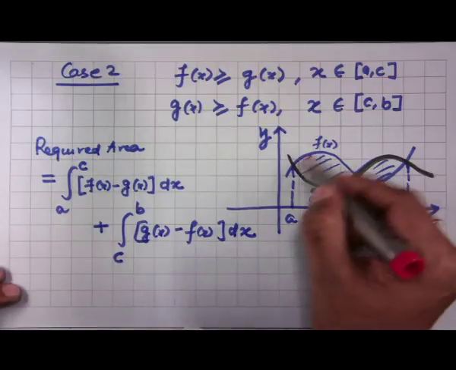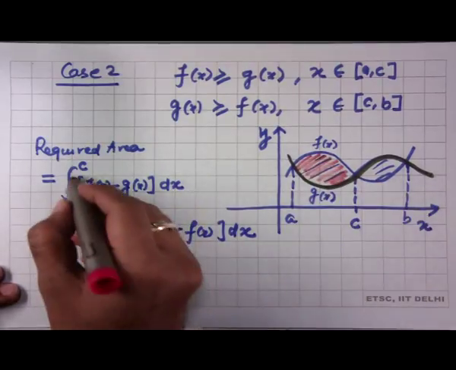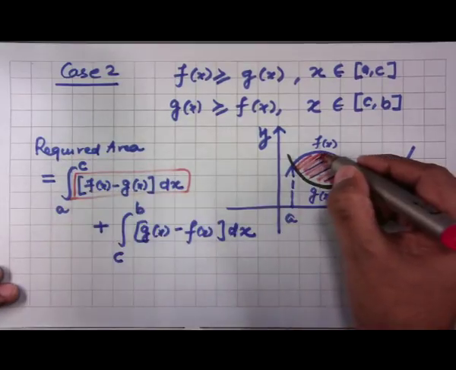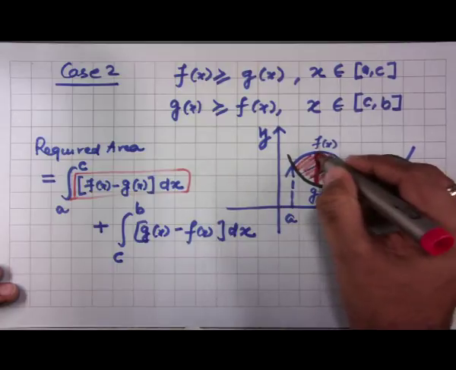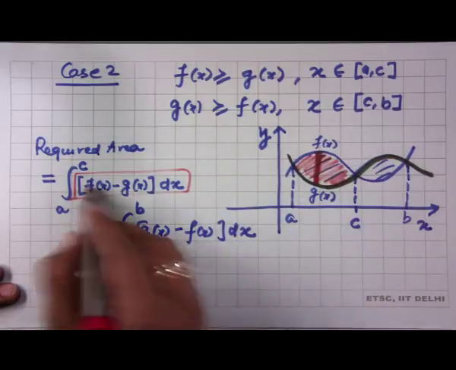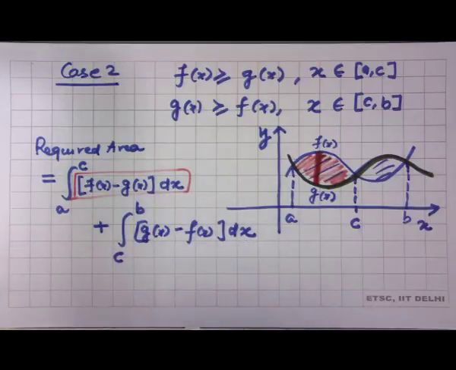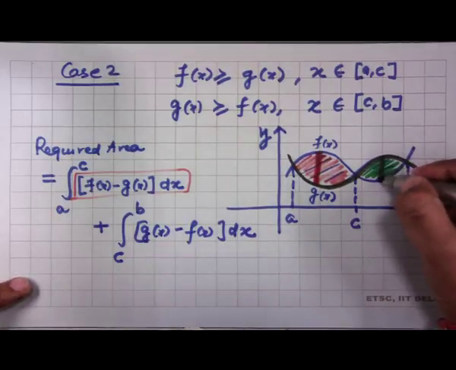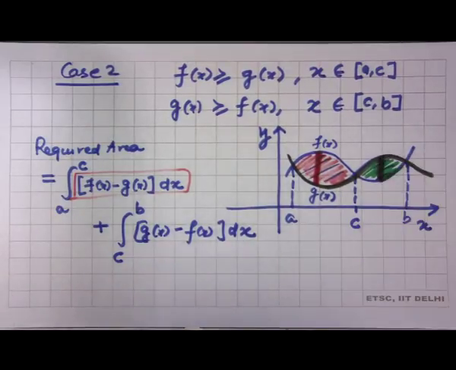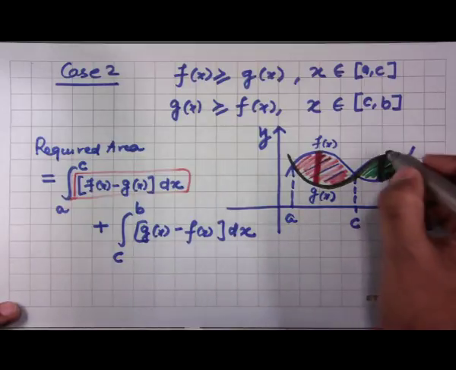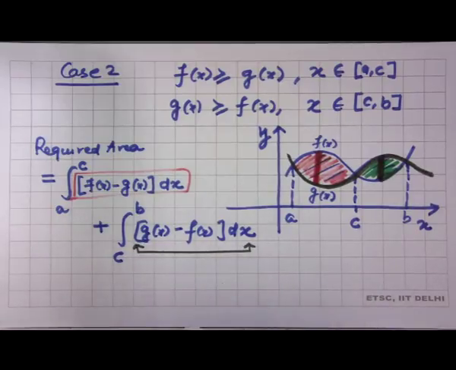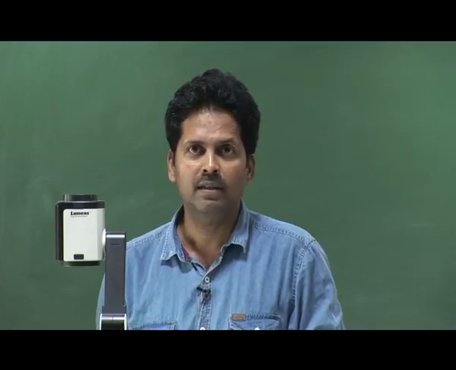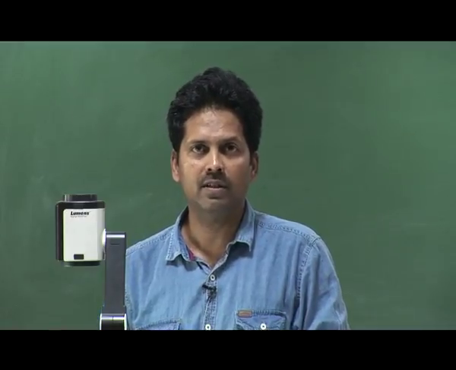For the red shaded area, the elementary area is this, because f(x) dominates. So the elementary area, that is the area of the elementary strip or thin rectangle, is (f(x) minus g(x)) into dx, and for the green shaded area, the elementary strip is this, and the elementary area will be given by (g(x) minus f(x)) into dx. Now, let us apply this formula and solve some problems.